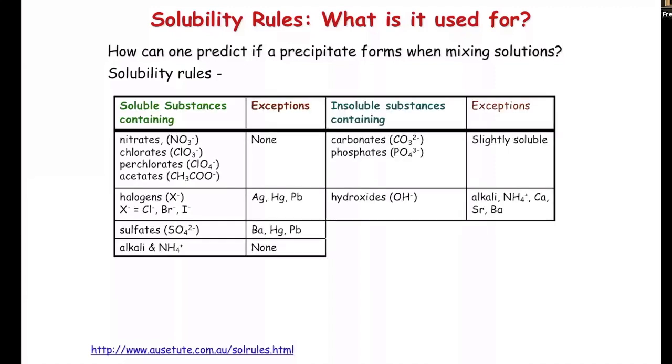It tells you that when you have a nitrate salt, a chlorate salt, a perchlorate salt, or an acetate salt, no matter what the cation is, it dissolves in water up to the solubility limit. What is the solubility limit? The solubility limit is, for example, with potassium nitrate, you can dissolve 30 grams in 100 milliliters.